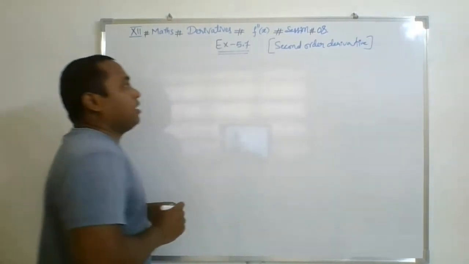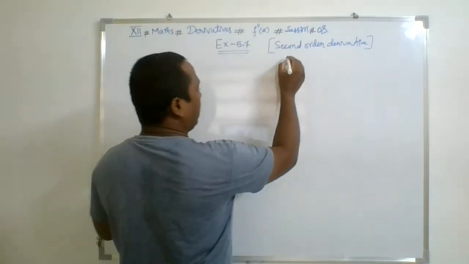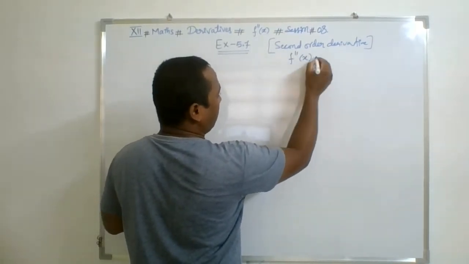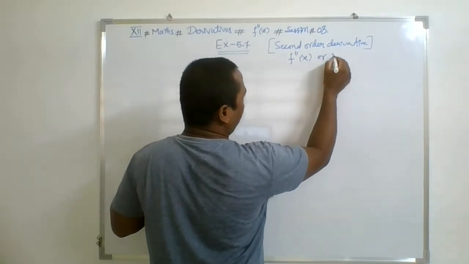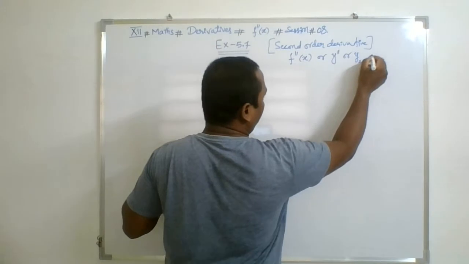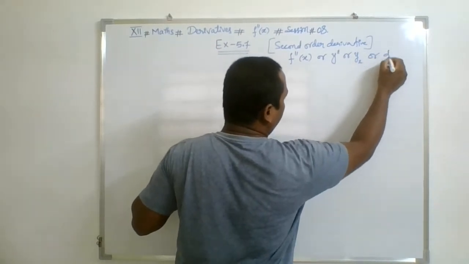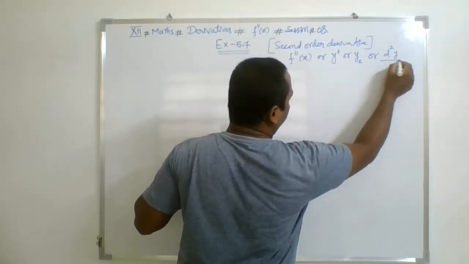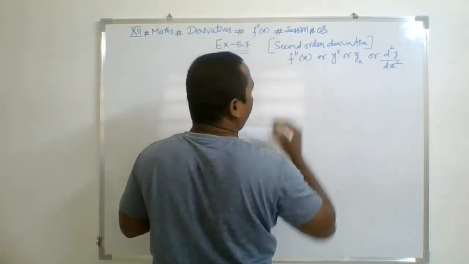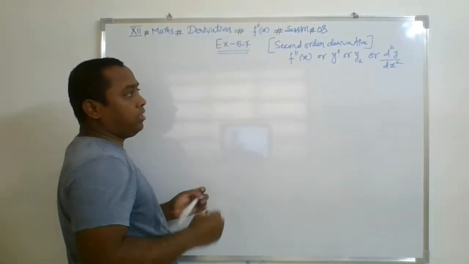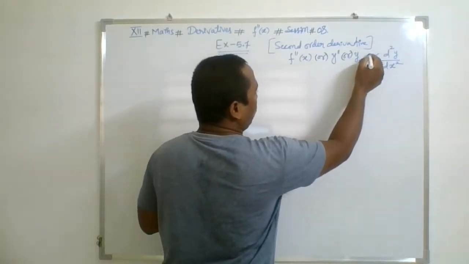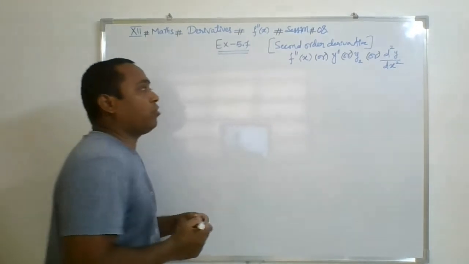Here you can remember, it is represented by f double dash x, or y double dash, or y2, or d square y by dx square. So there are several notations to denote the second order derivative. Accordingly, you may use the symbol notation.